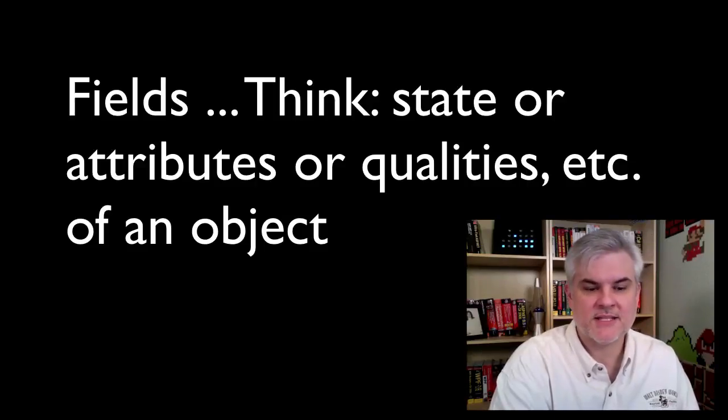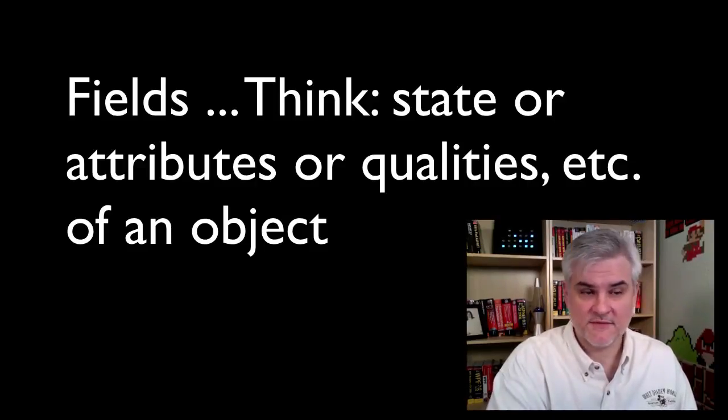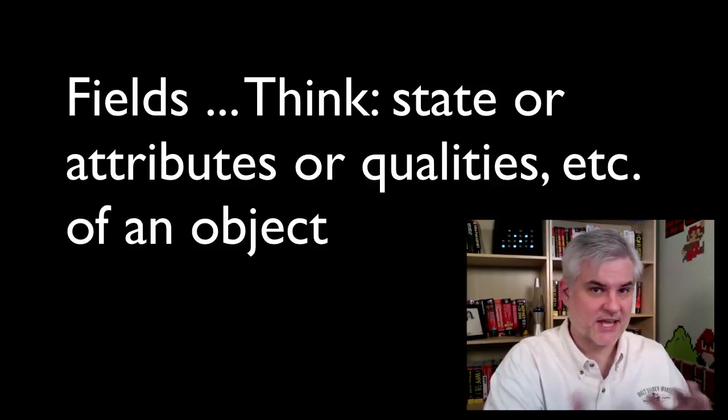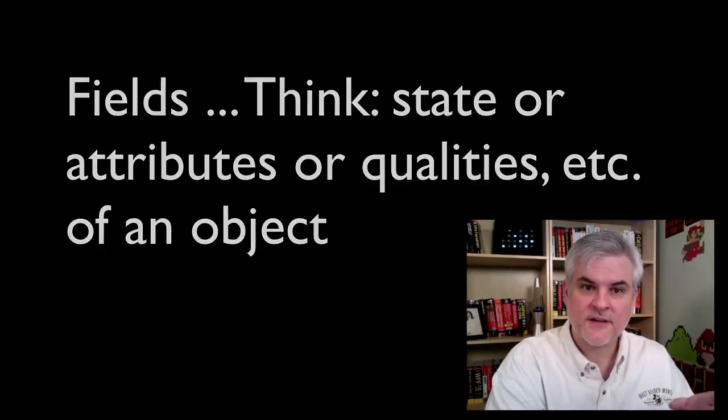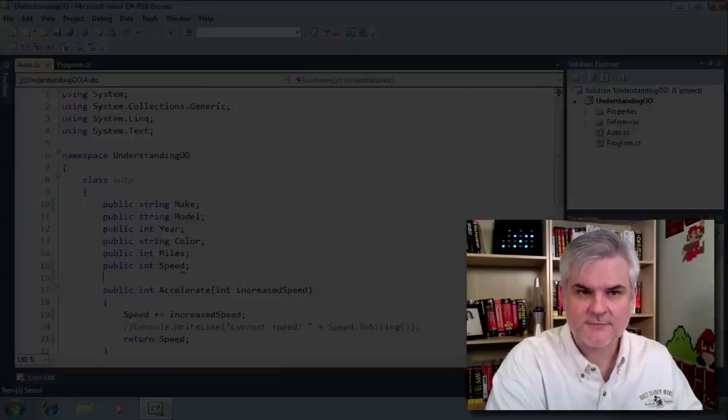Other attributes might stay the same regardless: the vendor information number, the make, the model, things of that nature. But regardless of whether those are static or constantly changing, fields describe the unique qualities or the current state of a given instance of a class.